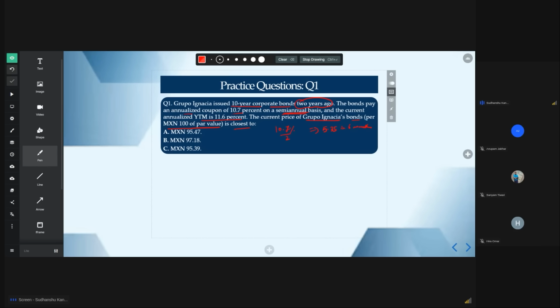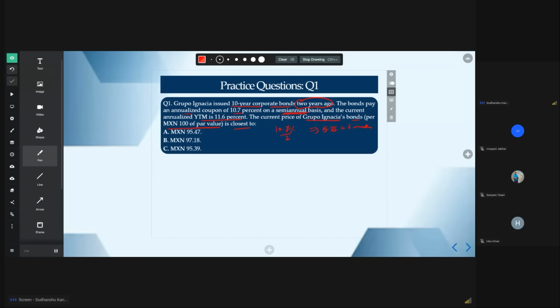So the first thing to understand here is that the coupon payments will be 10.7 divided by 2, so it is 5.35 per coupon payment. Similarly, now the discount rate. The current annualized YTM is 11.6%.